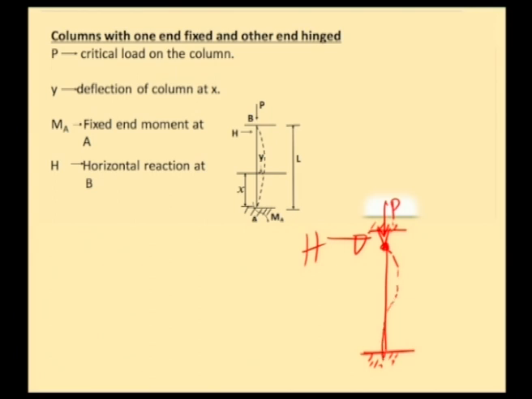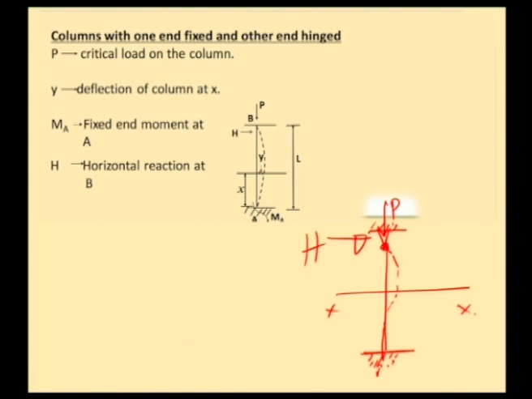So, the column will be deflecting in this fashion. The deflection will be 0 at the fixed end as well as at the hinged end, and the slope at the fixed end will be 0, but we will have slope at the hinged end. We will be calculating the bending moment at any section x x. Let the deflection at section x x be y.